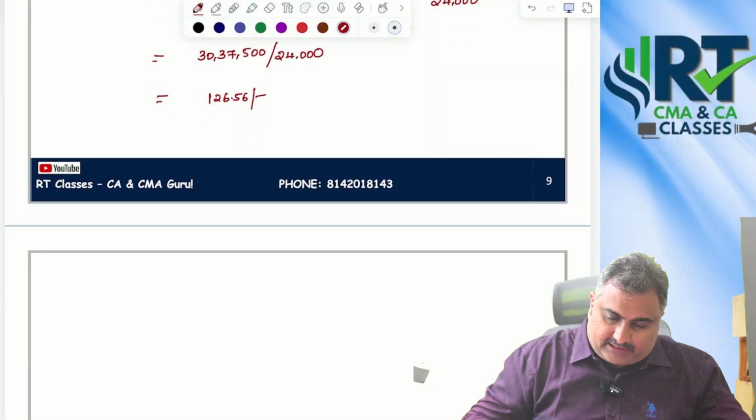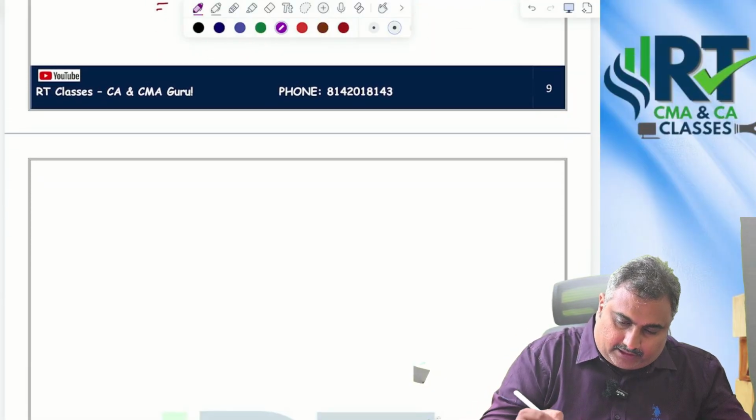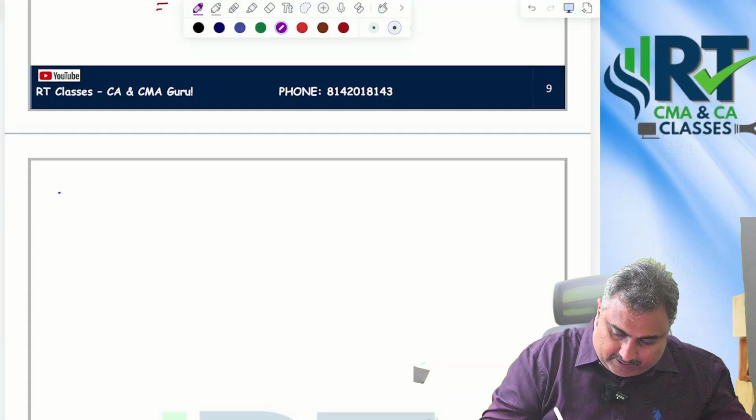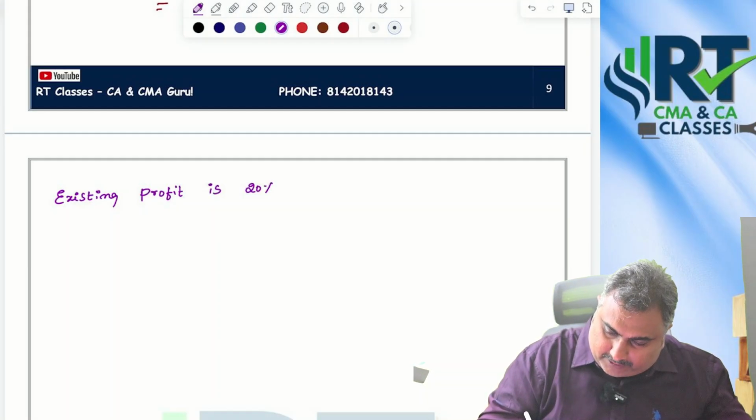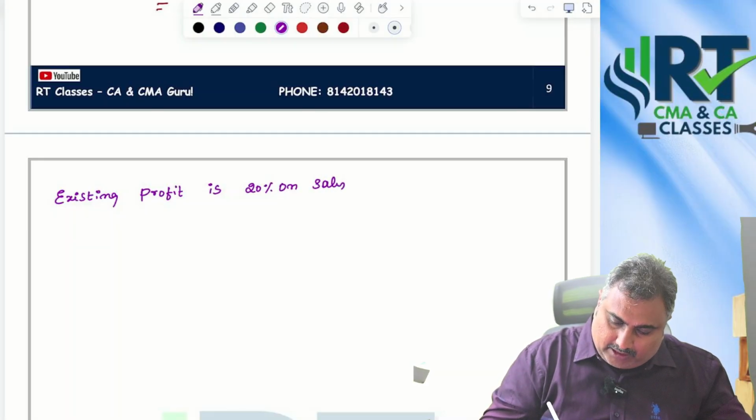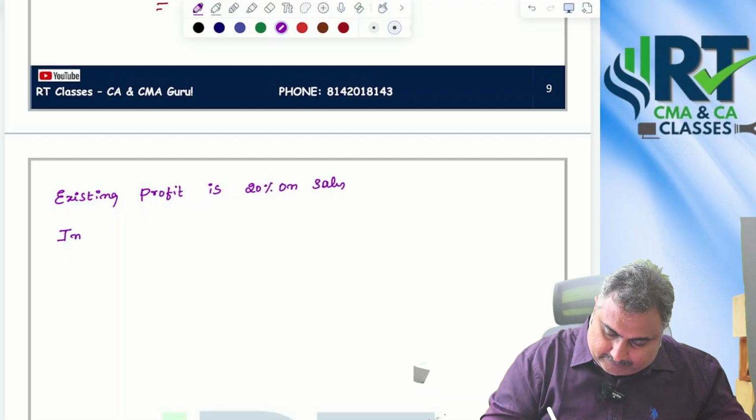Now what they said in the third bit, if you want to calculate, what they are indicating: existing profit is 20% on sales. How much is the increase? Increased by 25%.